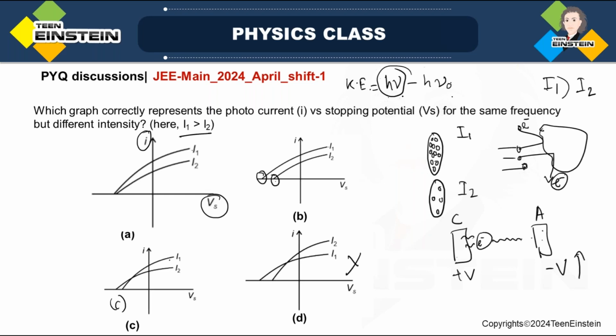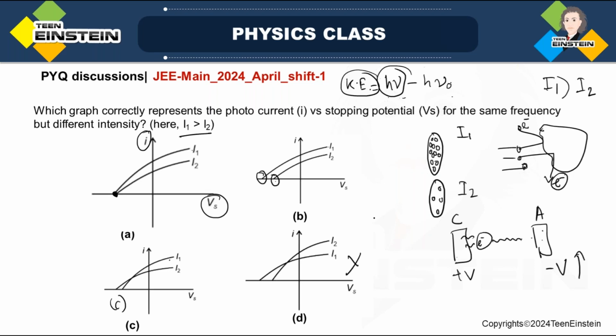If both of them have the same frequency, then the photoelectrons coming out of the metal surface will have the same kinetic energy for both the lights. Then the stopping potential to make the current zero will be the same for both the lights, as it depends on frequency and does not depend on intensity.